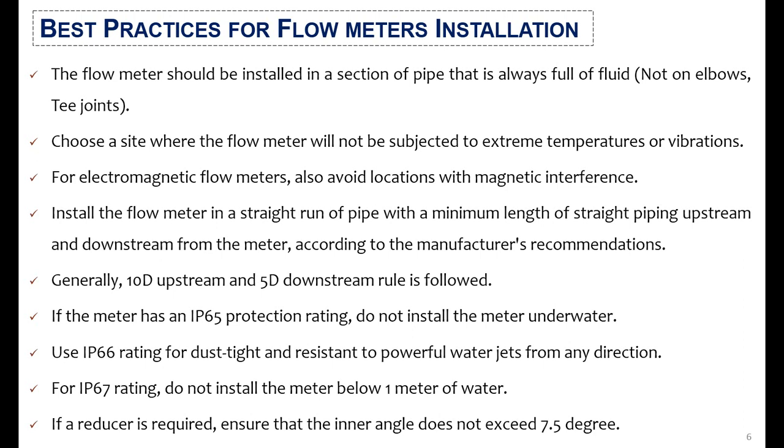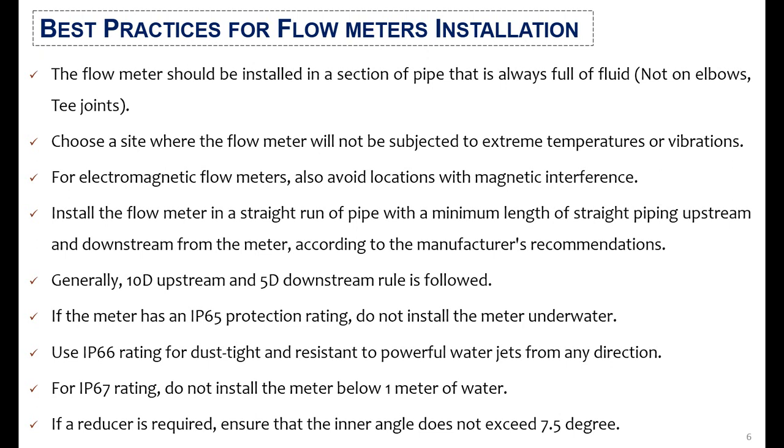These are the best practices for the flow meters installations which need to be followed for the accurate reading of every flow meter. The flow meter should be installed in a section of a pipe that is always full of fluid. Means it should not be installed on elbows, T-joints or the high points where there is a probability of the air pockets.